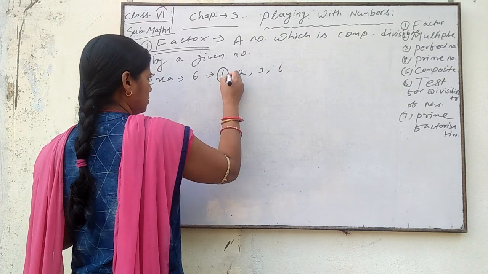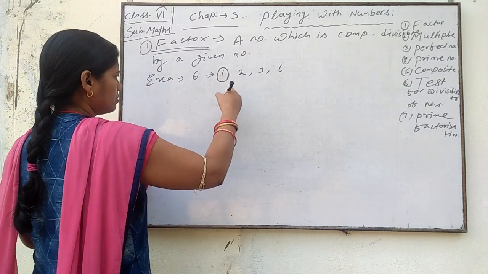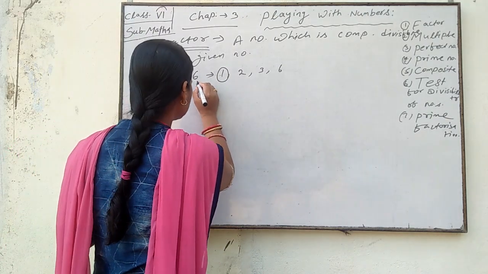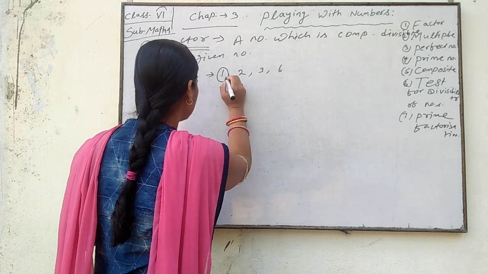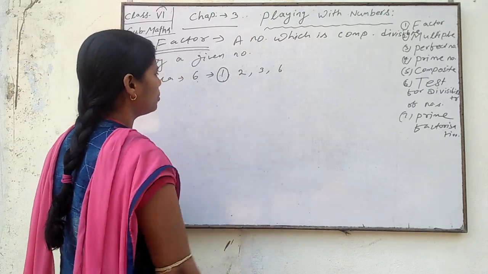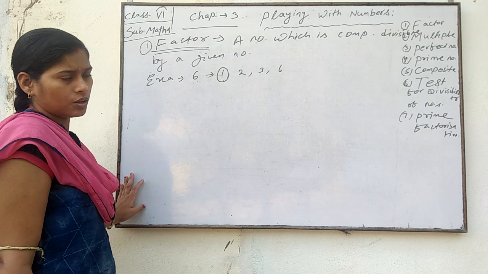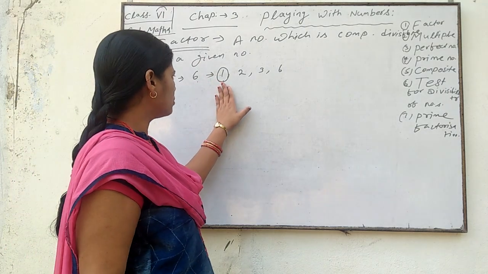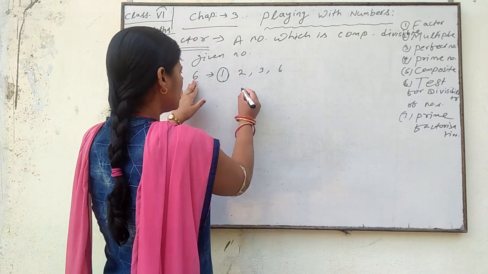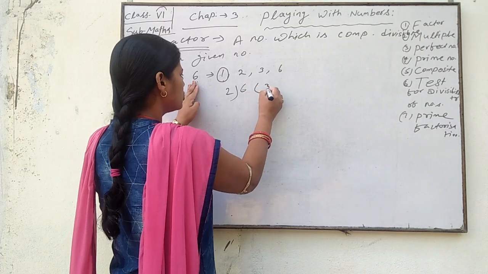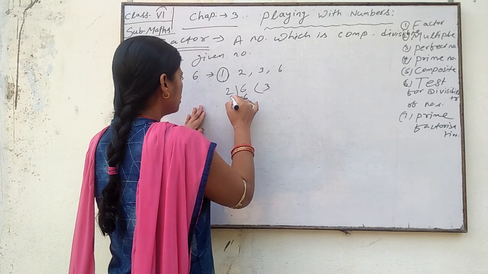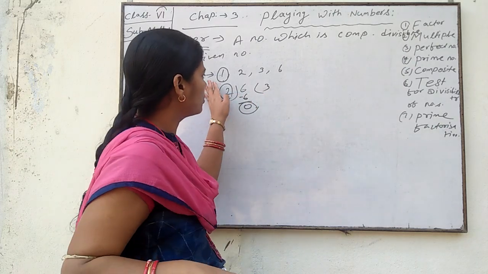Look here, a factor is a number which completely divides the given number. When 6 is divided by 1, the remainder is 0, so 1 is a factor of 6. Dividing 6 by 2 gives 3, and the remainder is 0, so 2 is a factor of 6.